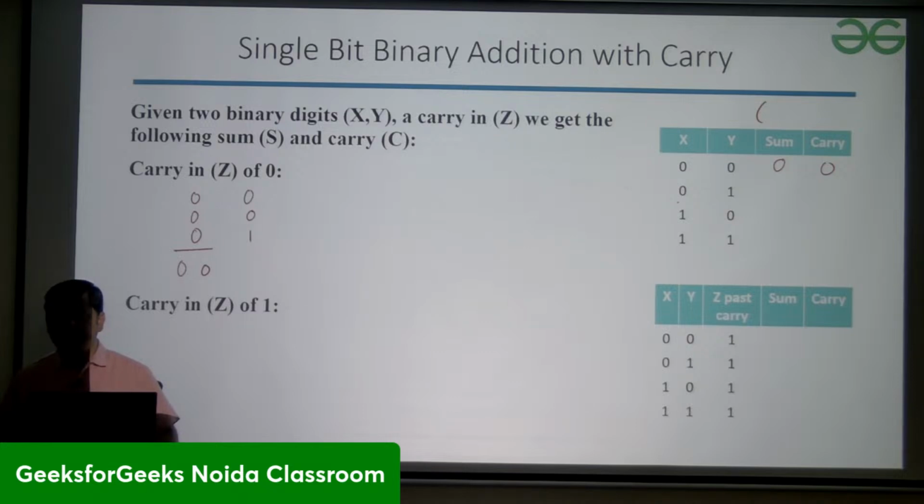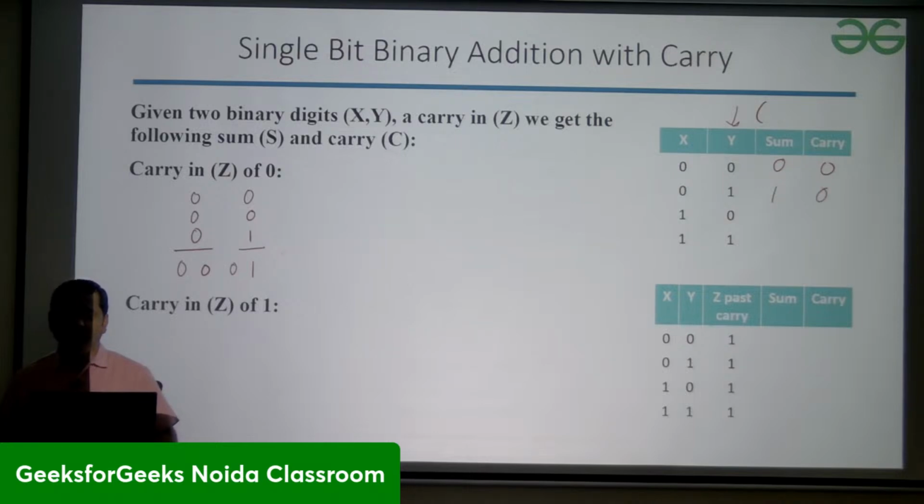That is why I have not written the carry column in this case. If I add these, the sum is going to be 1 and carry is going to be 0.